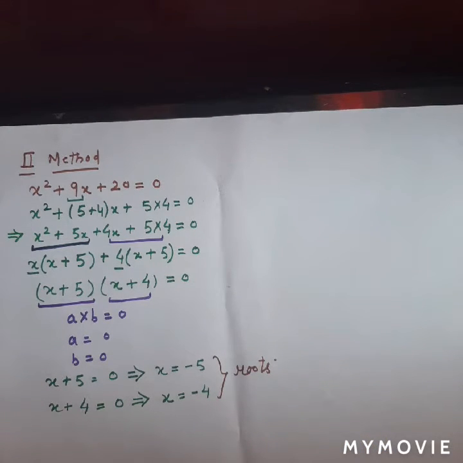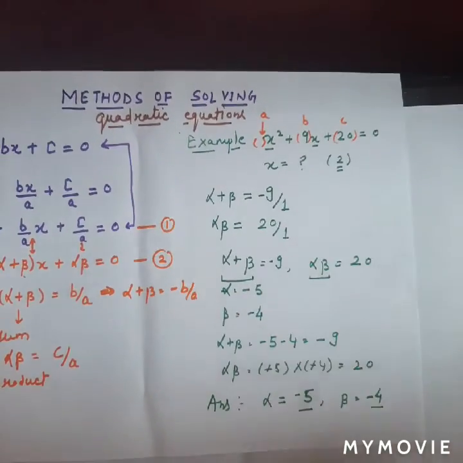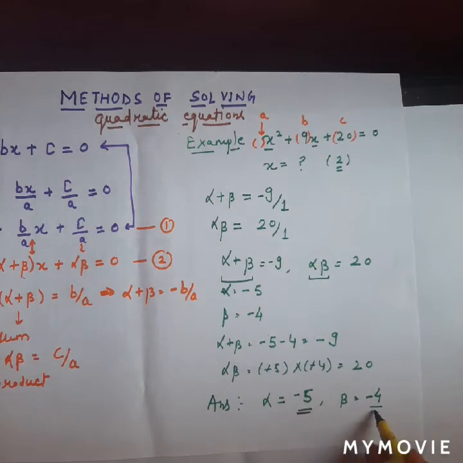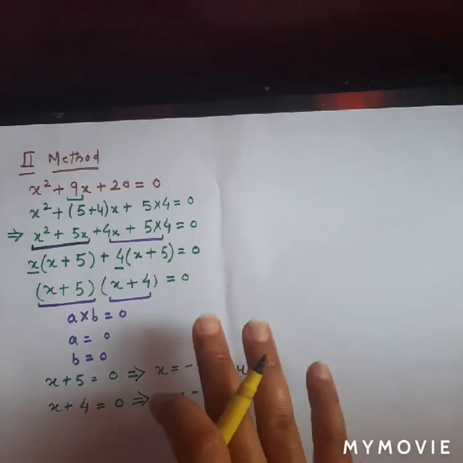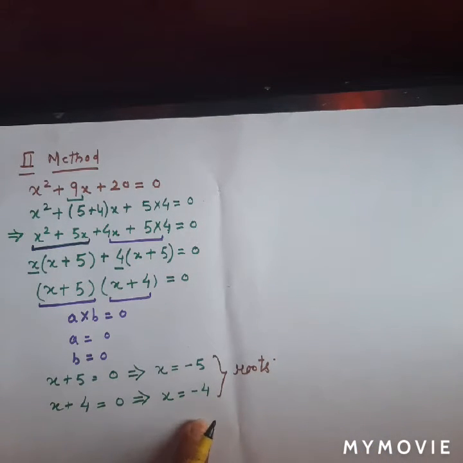Fine. In the previous method also we found the same answer, minus 5 and minus 4. With the previous method, and with the second method also, we got the same answer, right?